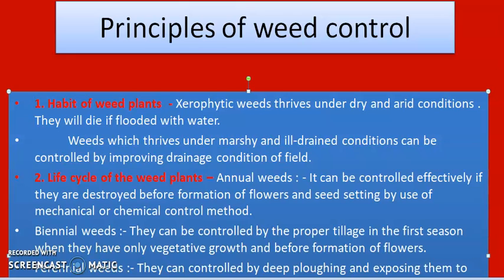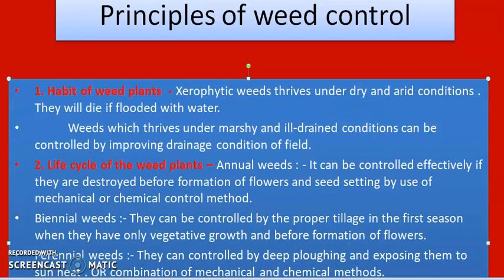Then the second one is the life cycle of weed plants. Life cycle of weed plants: there are annual weeds, biennial weeds, and the third one is the perennial weeds. Annual weeds are controlled effectively. They are destroyed before the flowering and seed setting stage by the use of mechanical and chemical weed control method.